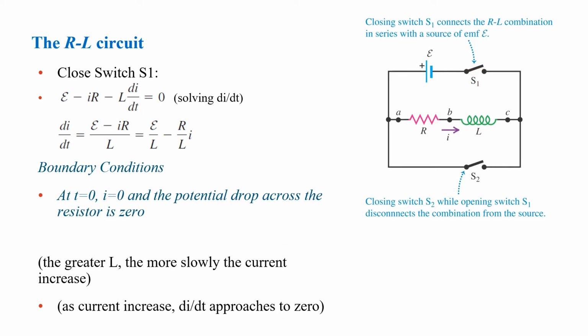If you're going to apply your Kirchhoff's loop rule here, let's travel counterclockwise, the moment we close S1. So you have your Kirchhoff's loop rule according to this equation here.